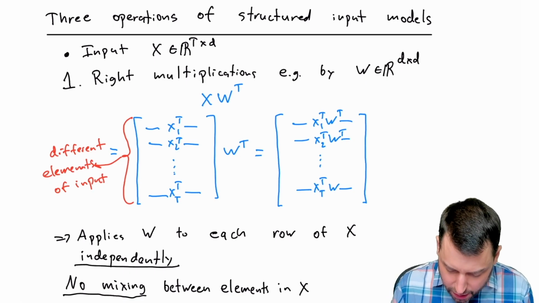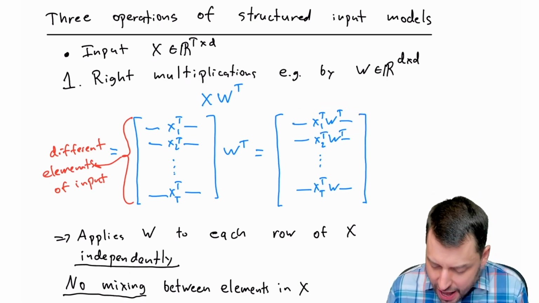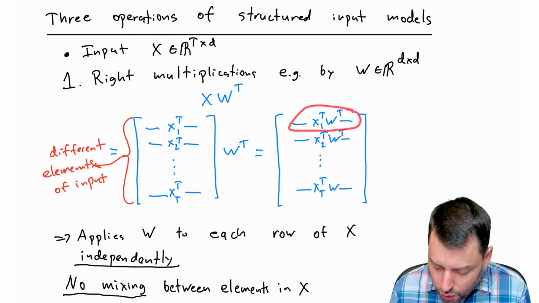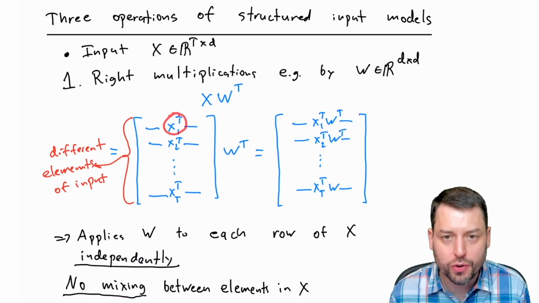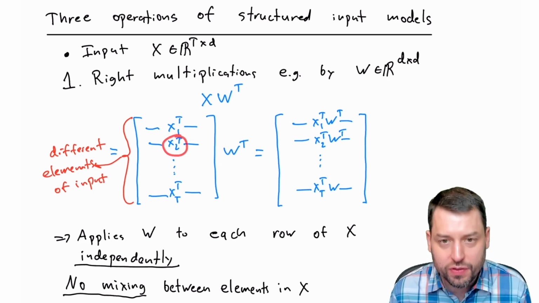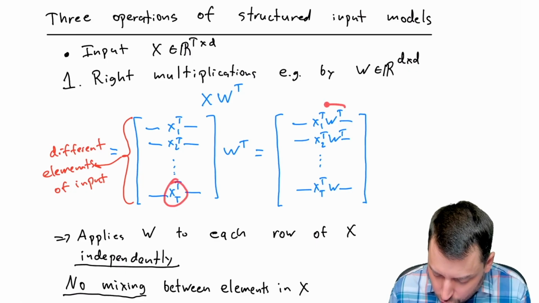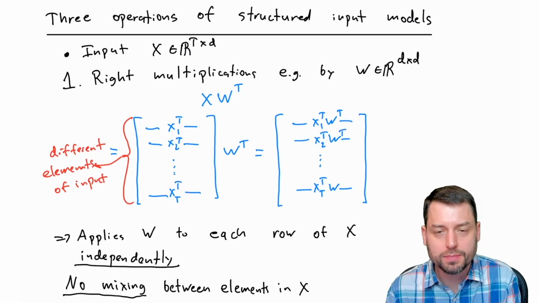Right? This first row of the output only depends on the first row of the input and W. It does not depend on the second row of the input. It does not depend on the last row of the input. It only depends on the first row of the input.